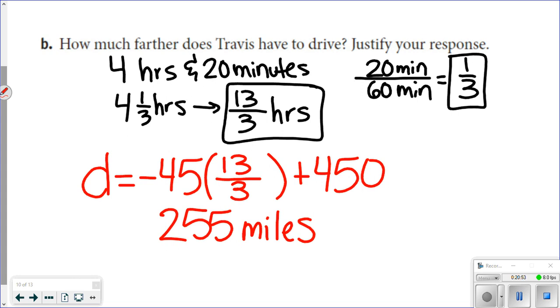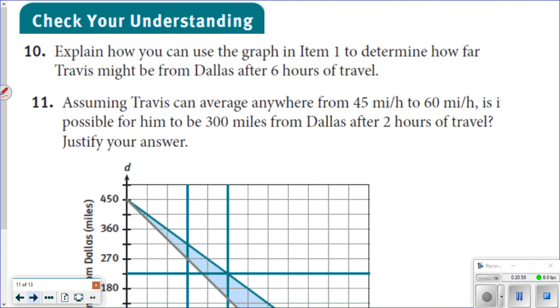Question 10 at the top of the next page. Number 10, you need to explain how you could use the graph to determine how far Travis might be from Dallas after 6 hours of travel. So think back, what did you draw over and over again in questions 4, 5, 6, etc.? So how could you explain it?